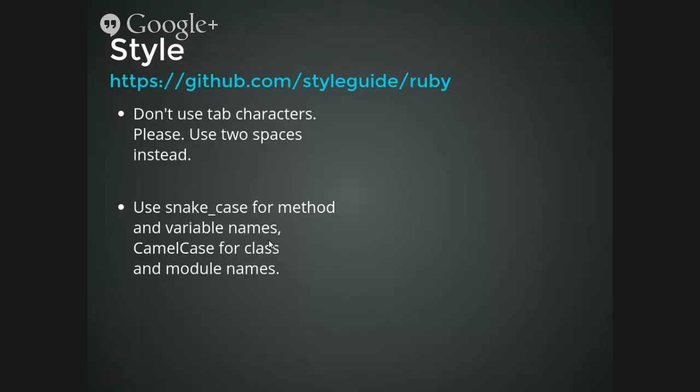Please just use snake case, which is lowercase with underscores to separate words. Camel case uses capitals to separate words, okay? I feel like I'm teaching English, but this is the convention, so please stick to it. So when people look at your code, they can say, this is clearly a variable name or a method name, and this is clearly a class name. So it saves you some confusion.